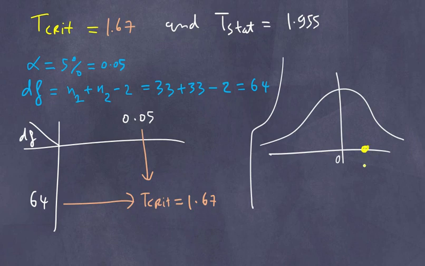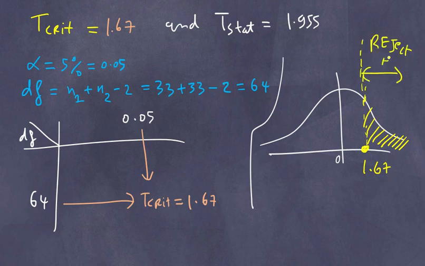The critical value is 1.67, and of course we reject H0 if T-stat is above 1.67. Right, so reject H0, and if the value of T-stat is below 1.67, we do not reject H0.